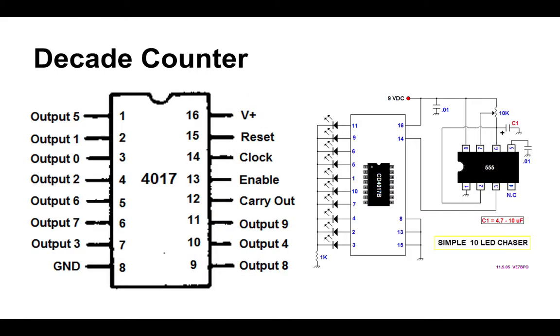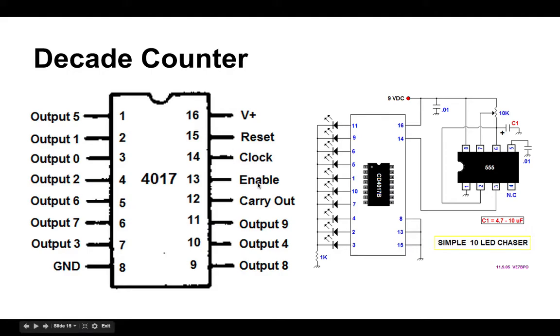I'm going to show you a sequencer that I made, and it was a combination of the 4046 and this chip. So this is another counter, but instead of binary counting, this is just a decade counter. So based on a clock pulse, it will go 0, 1, 2, 3, 4, 5, 6, 7, 8, 9, and then go back to 0.